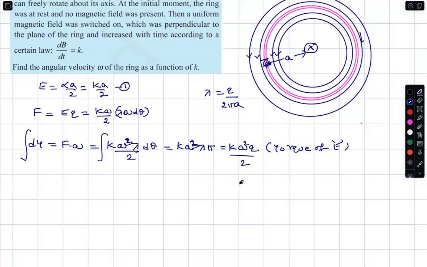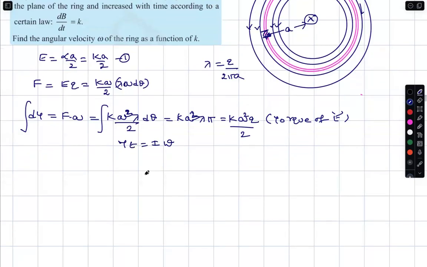Now it is acting for time t, for example. This will give you angular acceleration. So tau into t is I omega. Angular impulse is change in angular momentum.